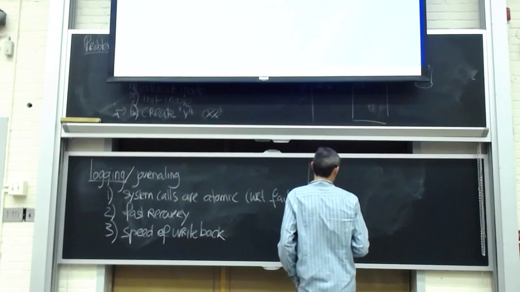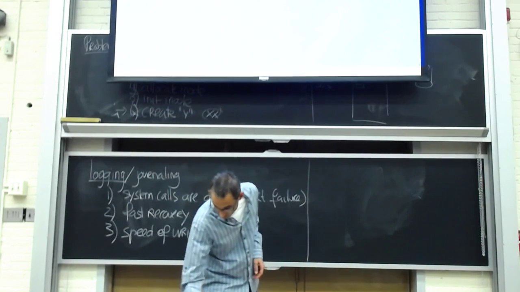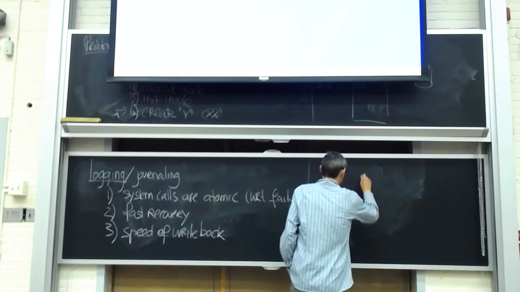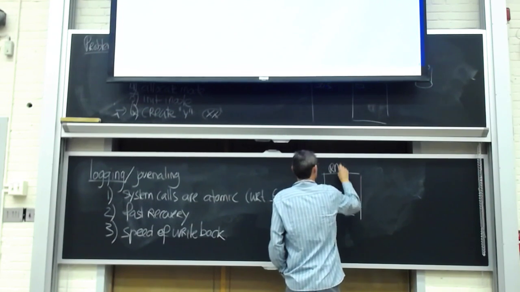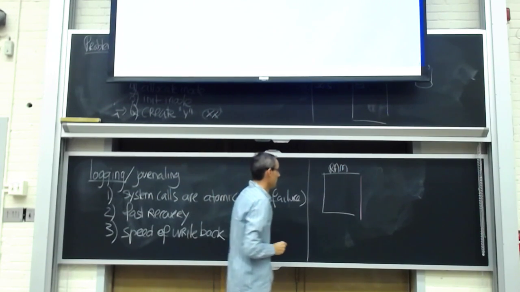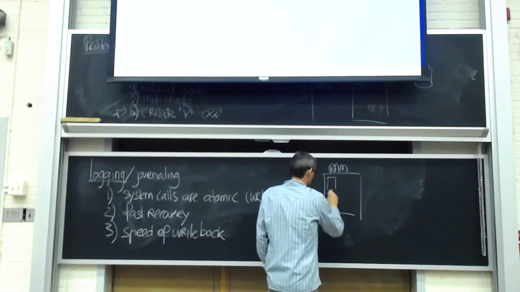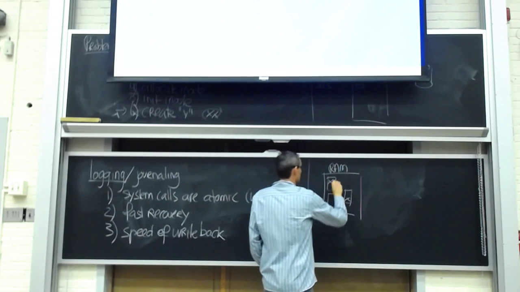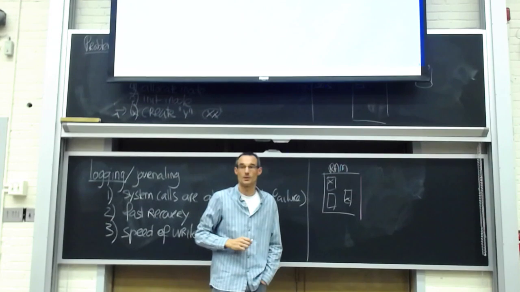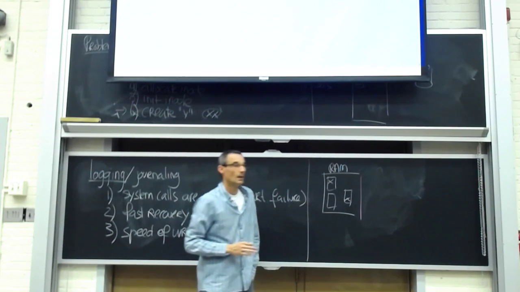The way you typically do logging is we're going to use this write-back cache in order to update data structures inside our RAM. At some point in time, we'll decide it's time to write things to disk.